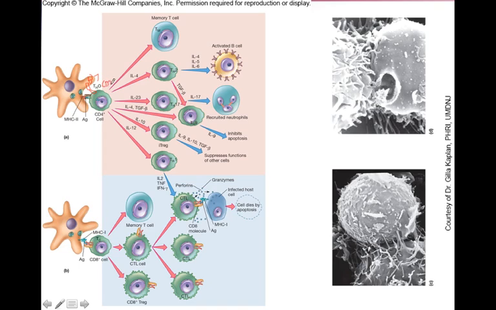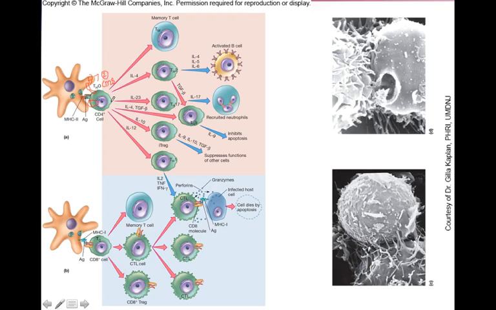You should know that this interaction is required, and this would be step 1 or signal 1, and this co-stimulatory molecule interaction is signal 2. So this is signal 1 and this is signal 2, required for this T helper cell to be activated.